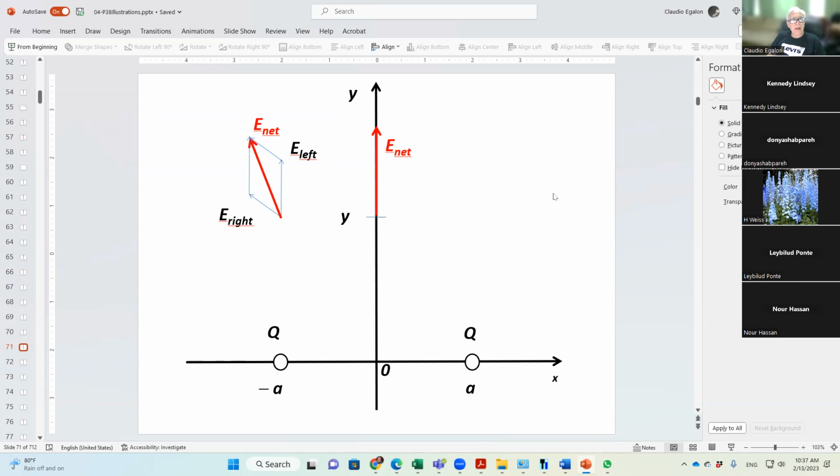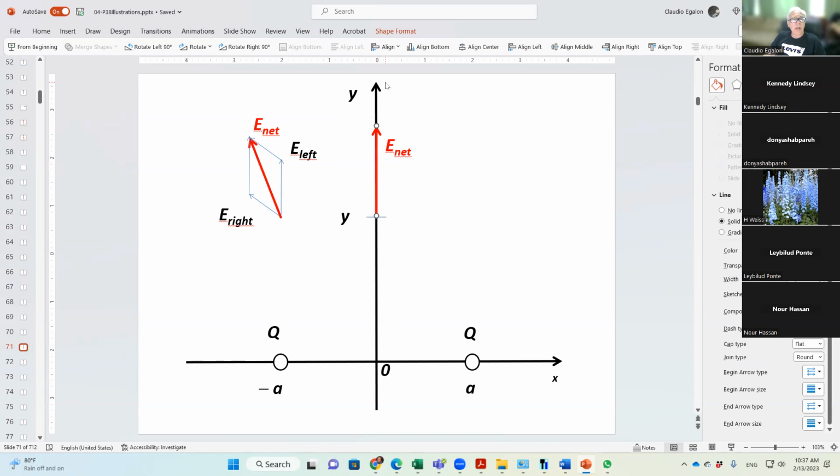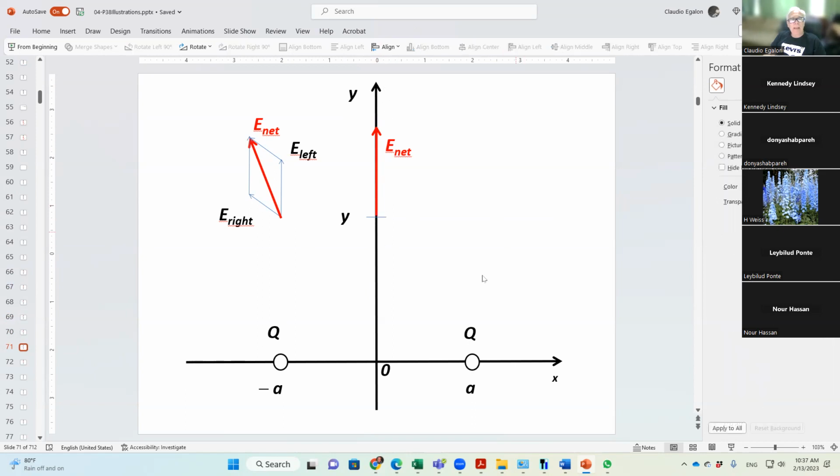Note, see the difference now. In this specific case, we do not have a symmetry between those two charges. Right here, we have a symmetric distribution between those two charges. That's why we get just a component along the y-axis. Here, we have a combination of x and y-axis components for the net field.